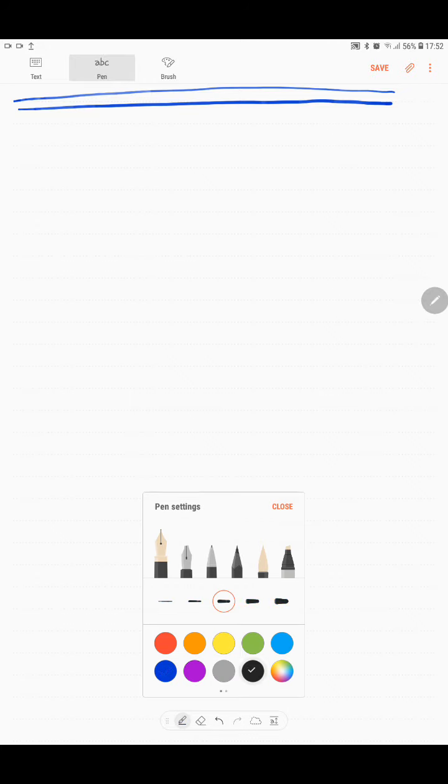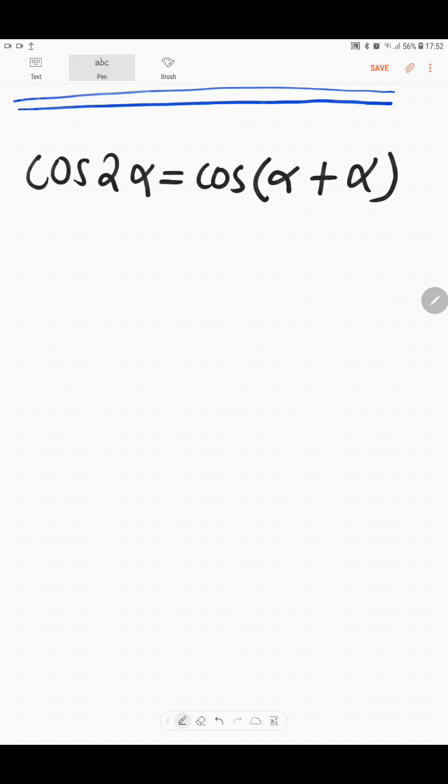From here, we will consider the double angle for cos 2 alpha. And in the same manner, cos 2 alpha can be expressed as cos of alpha plus alpha.